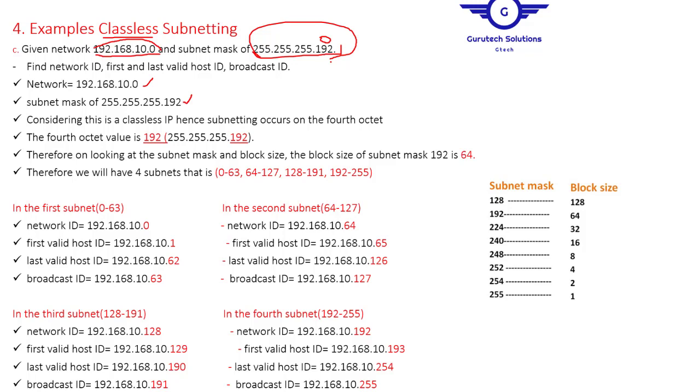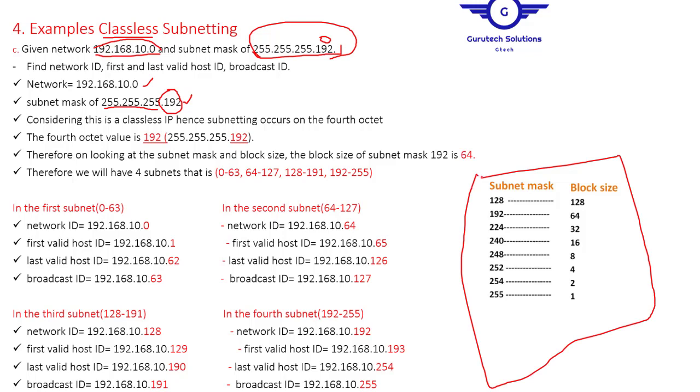All right. So what gives us a guide to do subnetting is the subnet mask. We check the last value of the subnet mask, and we come to this table. The last value is 192.